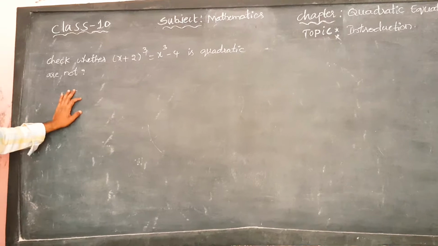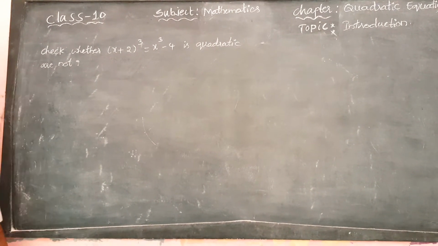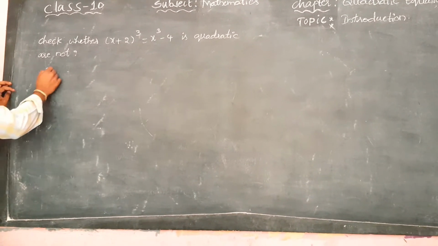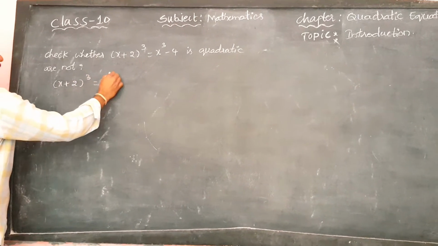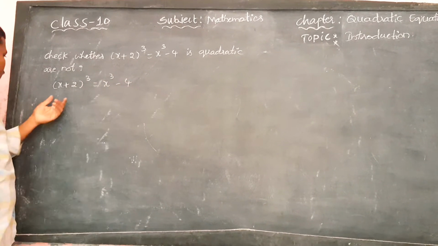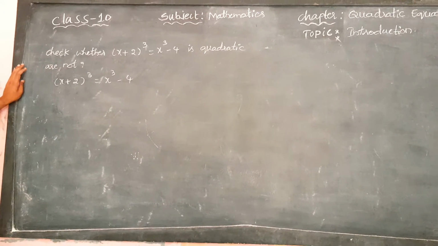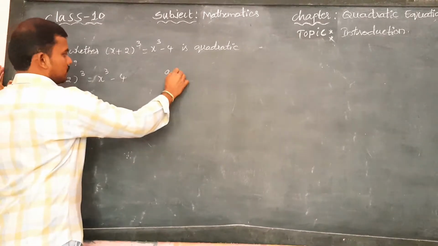Check whether the equation x plus 2 whole cube is equal to x cube minus 4 is quadratic or not. Here x plus 2 whole cube is in the form a plus b whole cube.